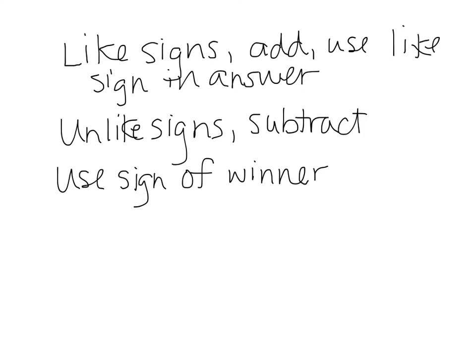Like I said, I really want you to get in the habit of thinking about this. In the beginning, I want you to think using checkers. But as you get examples, you might say negative 11 plus negative 5. The first thing you want to ask yourself is, are these like signs or unlike signs? Clearly they are like signs, which means we're adding. 11 plus 5 is 16.